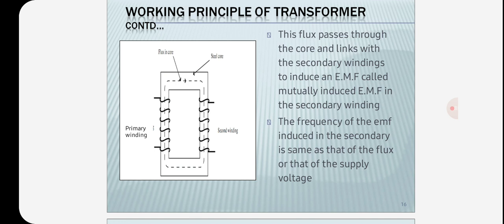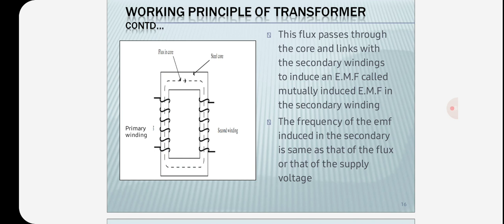This flux first links with the primary winding, hence produces its own EMF, called E1, in the primary winding, which opposes the applied voltage. This E1 is sometimes known as the back EMF of the primary.